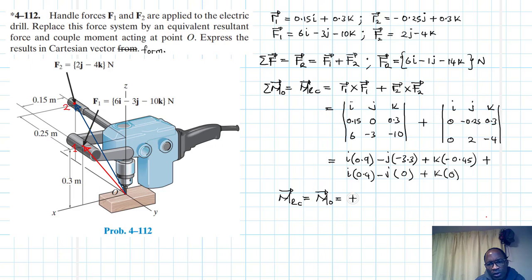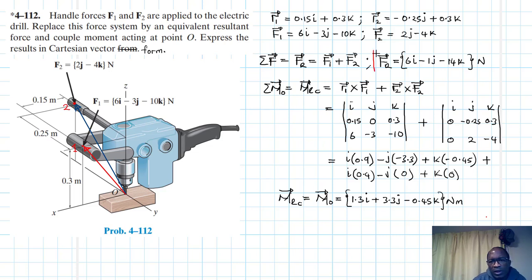They are both positives, so this is 1.3i. Then this is a plus 3.3j, and then this one there, it is a minus 0.45k. Alright, so this is Newton meters. I think this is about it.